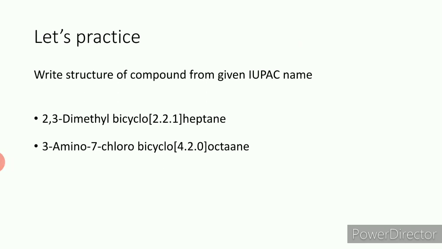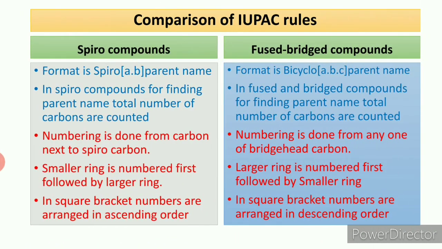Until now we have seen the naming of spiro compounds and the naming of fused and bridge compounds. So let us compare these two types of compounds. The format for naming these compounds is similar, and in both types we have to count the total number of carbons for finding the parent name. Now look at the differences.